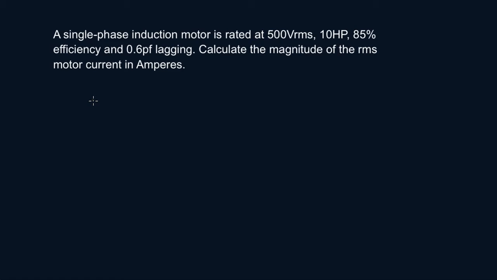It may or may not be as straightforward, but they may ask you about losses, like your I squared R losses, or rotor power, iron losses, things like that. But it's sort of interrelated anyway.